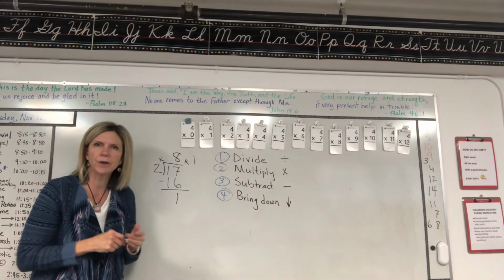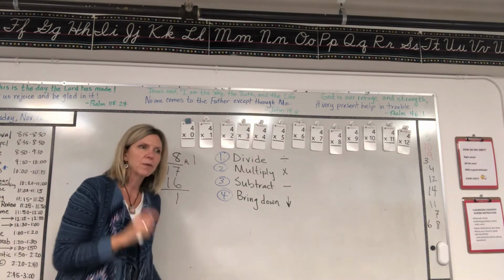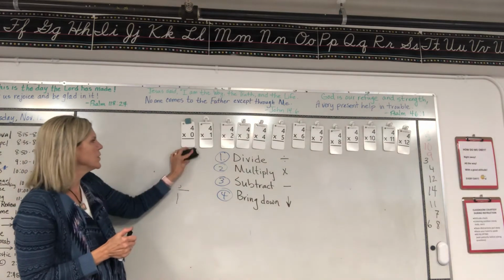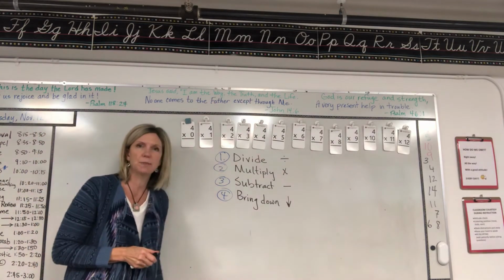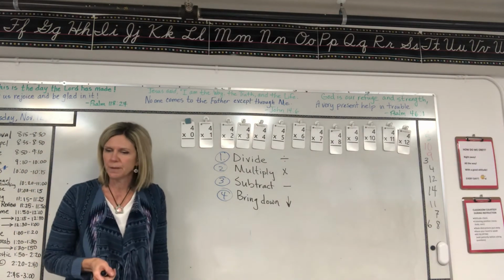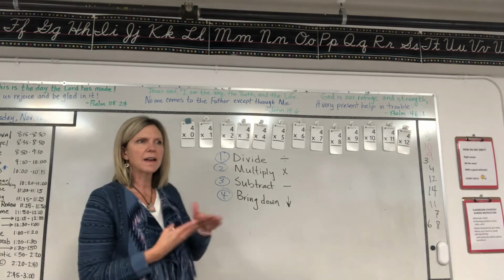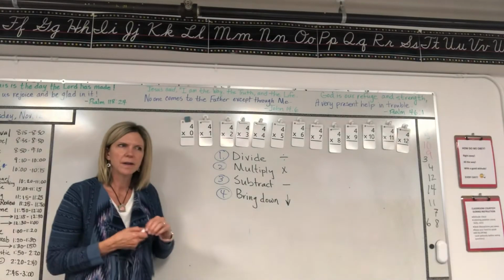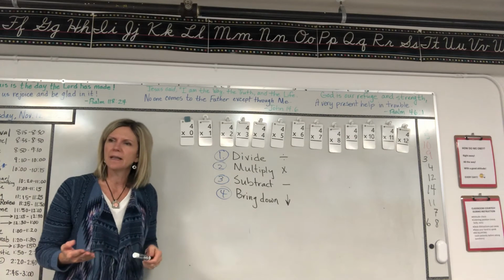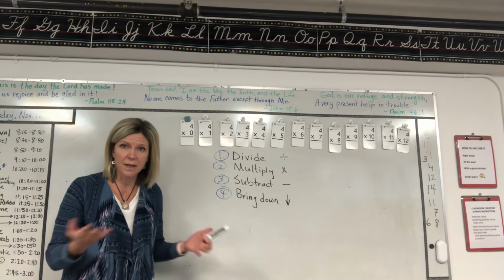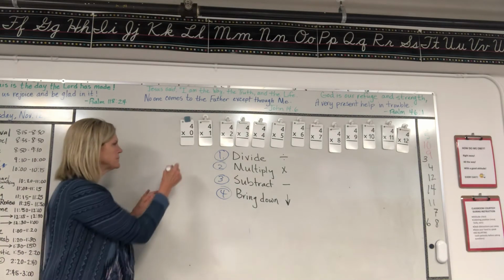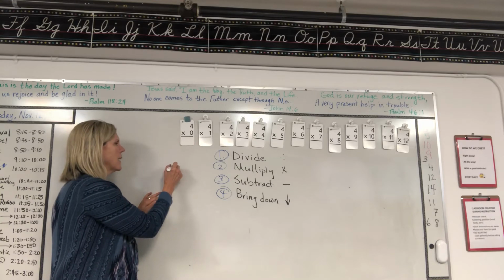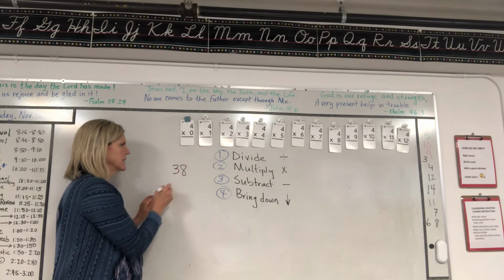Now let's do a bigger number. Everyone get out your whiteboards for this. You won't use your cubes for this because it's going to be too many cubes. But we're dividing it by 2. So the first thing we're going to look at is if it's an even or an odd number. So I'm going to give you the number, 38.